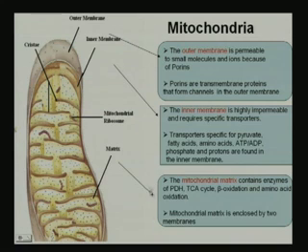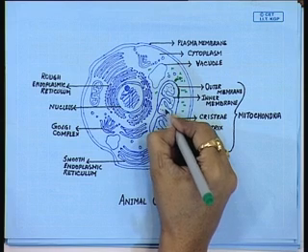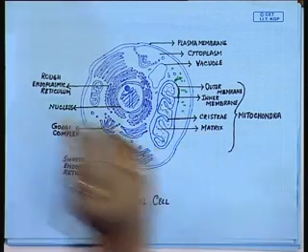The transporters specific for pyruvate, fatty acid, amino acid, ATP, ADP, phosphate and protons are found in the inner membrane of this mitochondria. And inside is the matrix.